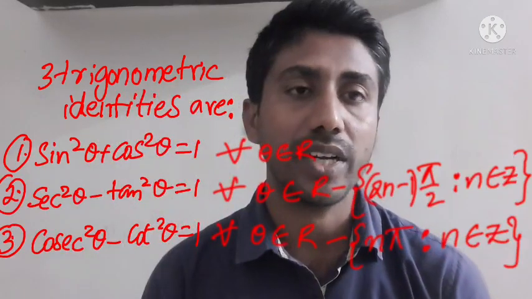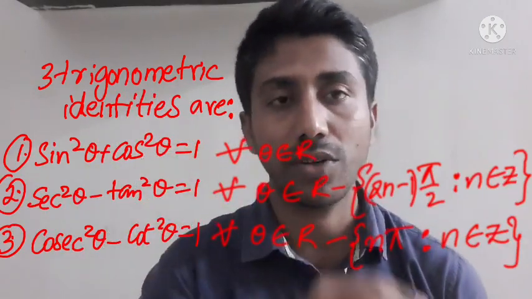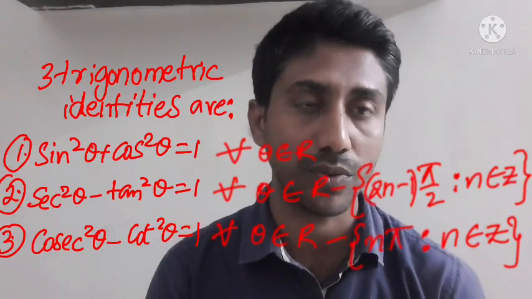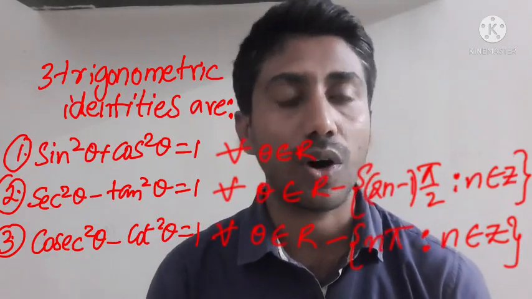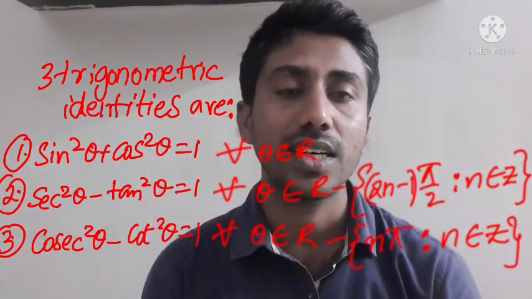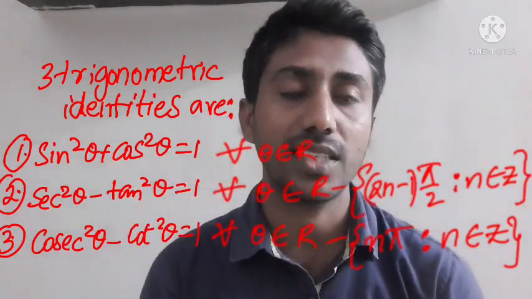The first identity is true for any value of theta, whereas the second identity, secant square theta minus tan square theta equals 1, is not true for all values of theta. So the second identity is known as a conditional identity.